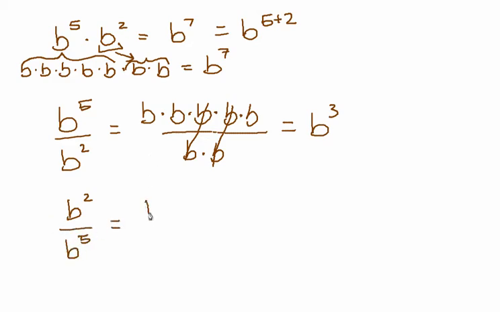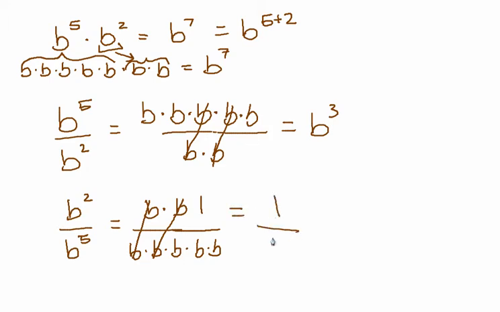Well, in this case, that's b times b over b times b times b times b times b. These two will cancel out. These two will cancel out. So b divided by b is 1, b divided by b is 1. So there's actually a 1 left in the numerator once those b's are crossed out. And we have 1 over b cubed.